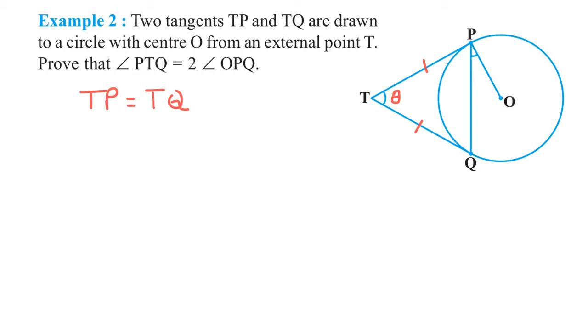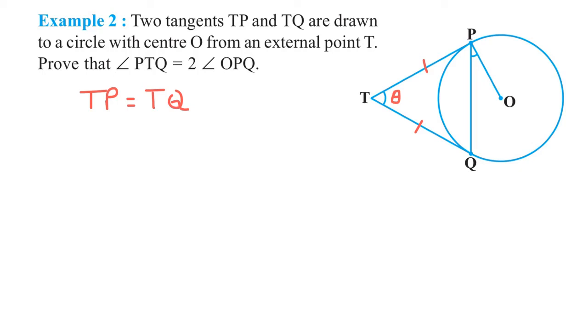Now, if you observe the triangle TPQ, what do you see? You see that two sides of the triangle are equal. So, the triangle TPQ becomes an isosceles triangle. Then the angles opposite to equal sides are equal.